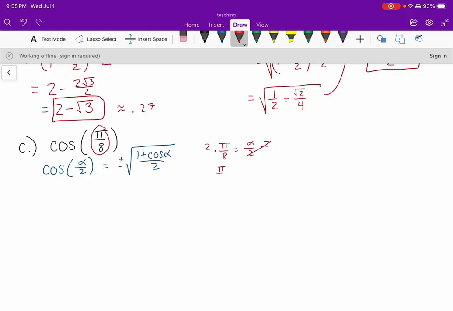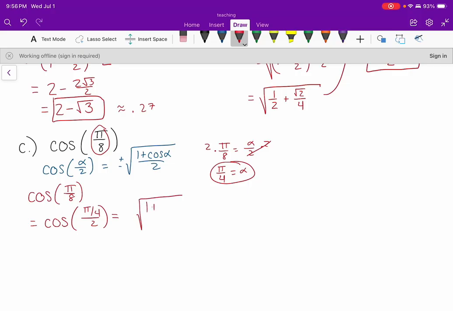This gives me pi over 4 equals my alpha. So cosine pi over 8 is equal to cosine pi over 4 divided by 2. So on the other side of my identity, I'll have 1 plus cosine pi over 4 divided by 2.